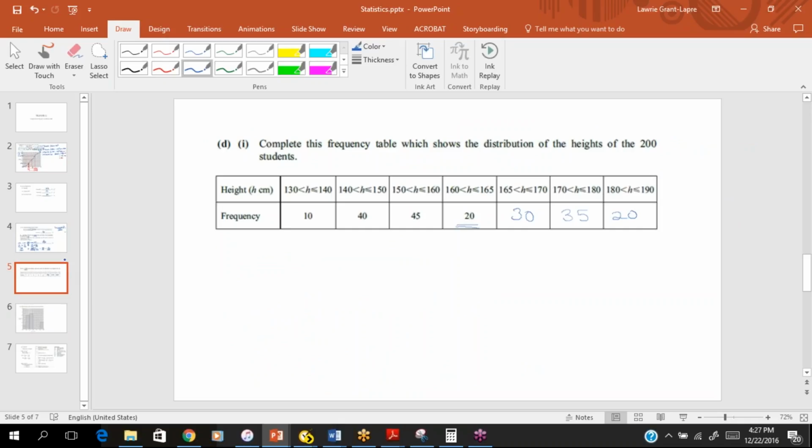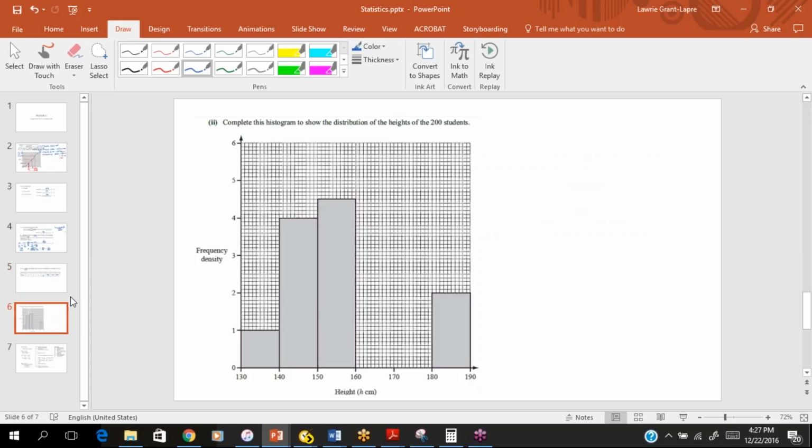There's only 20 out of halfway. So if that was for 20 to 65 frequency, whilst there's only 20, we have a density of 4 because that's the frequency density. So we'll put here a 4.